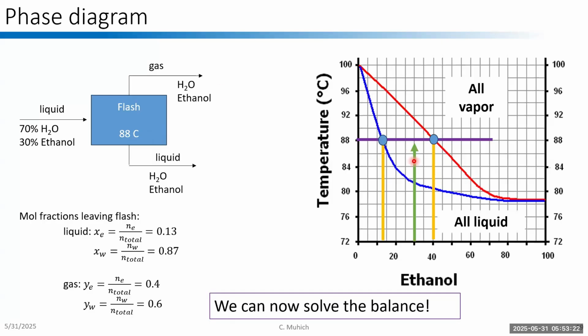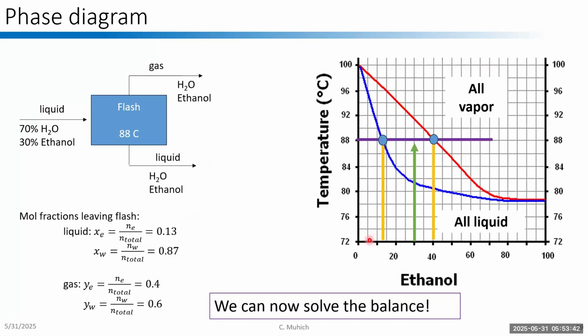I'm just going to make a few comments. If I was operating at 88 degrees C once again, and I was already at 60% ethanol, it's just all going to be vapor, right? So the flow rate out through the liquid would be zero. Everything would come out in the gas.